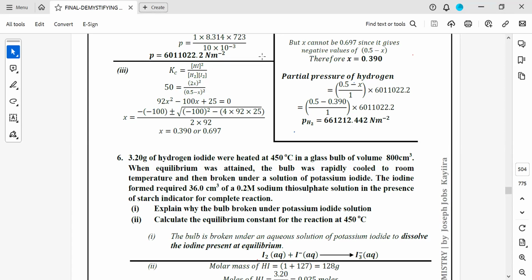Okay, thank you, Miss Kauma. Potassium iodide was used to dissolve iodine and in the cold media to prevent shifting of the equilibrium position. That's good. It's just a different phrasing, but it's the same thing. So thank you.